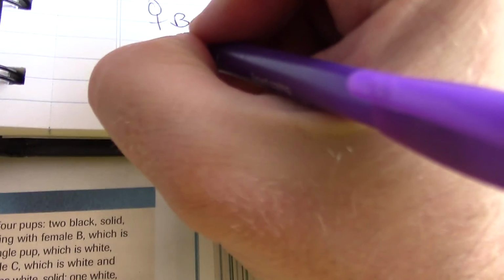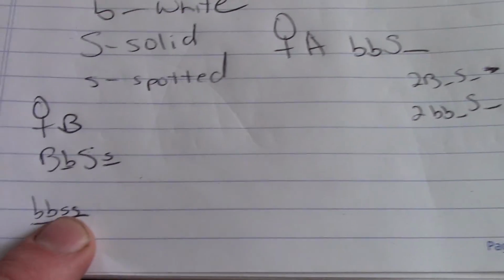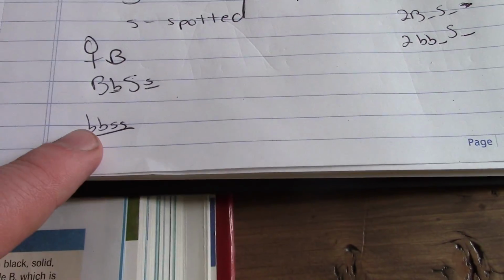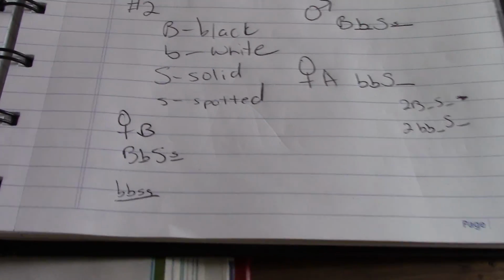So this tells us right now that the female is a heterozygote and the male has to be a heterozygote. Because in order to get two little s alleles, one has to come from each parent. And then in order to get the two little b alleles, one has to come from each parent. But they're both dominant, so we're not really sure about this one. I don't think we're really going to know that one.